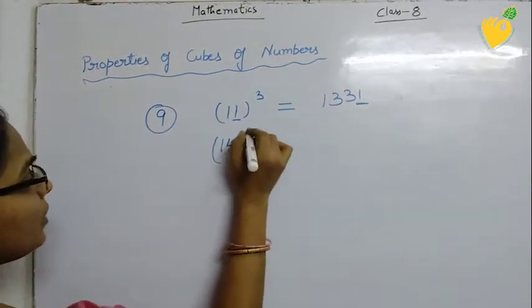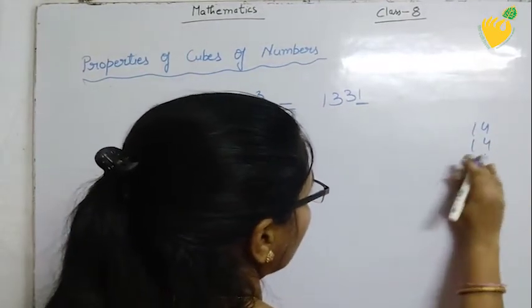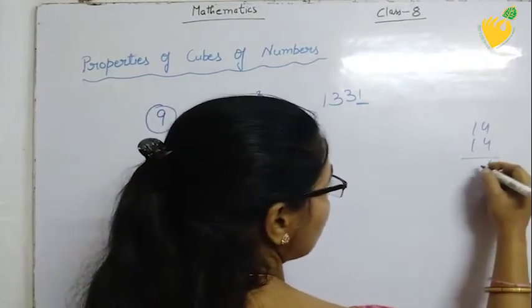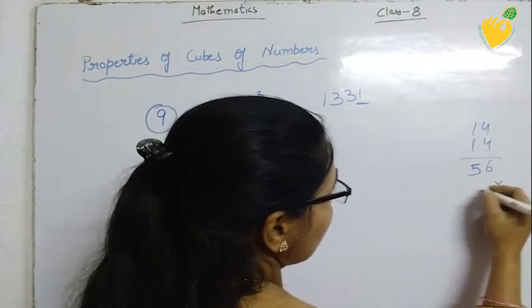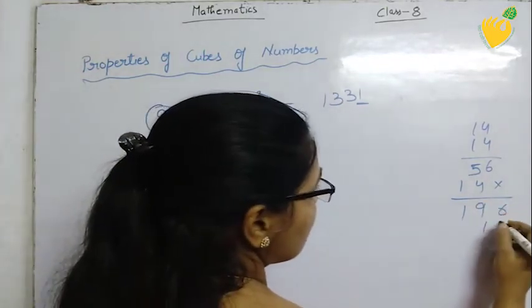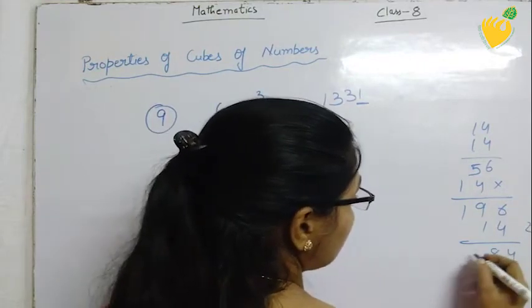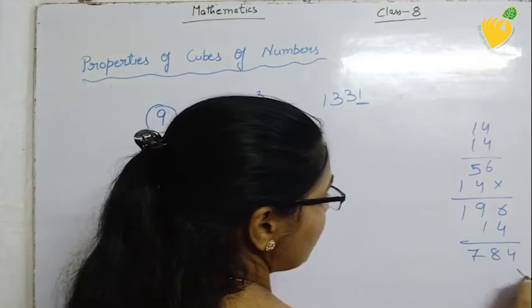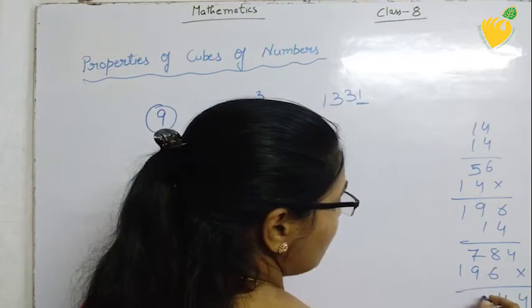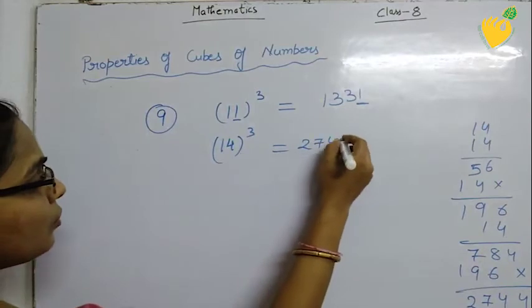Now, suppose any number is 14 and the cube of 14 will be, let's find, 4 4 is 16, 4 6 is 24, 4 9 36, 196, and then 2744.